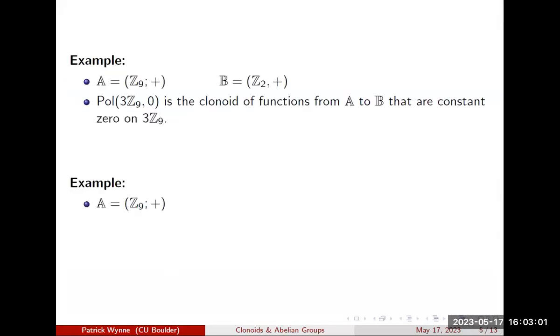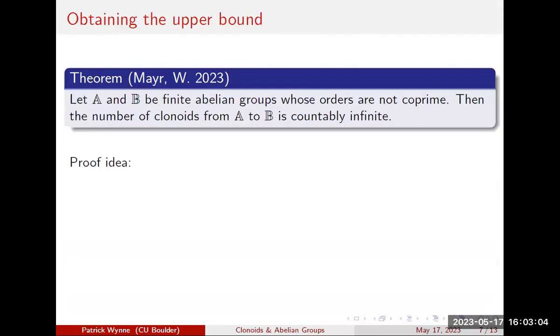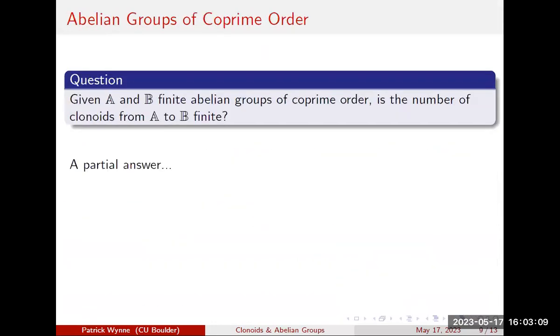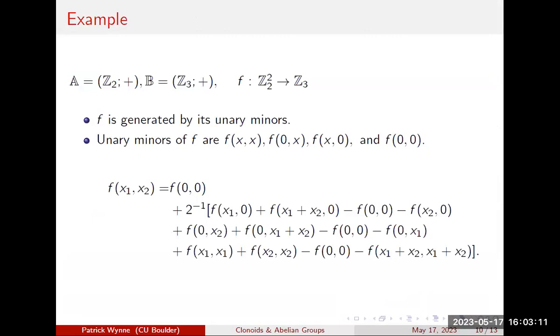So, for example, in this example, no matter what function f, binary function from Z2 into Z3, this equation here holds. And so it's independent of the actual function f. So all of these results where I gave some sort of interpolation of the function are independent of the actual function itself.